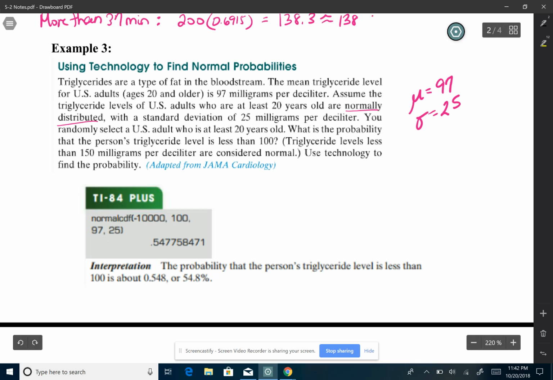So if you want to go less than 100, what you're going to do is, again, you run through the steps. You put in second, and then the vars button, and then it's number 2 is normal CDF.